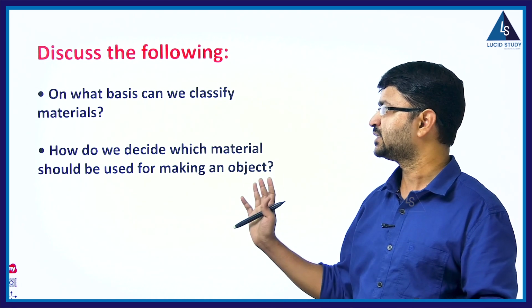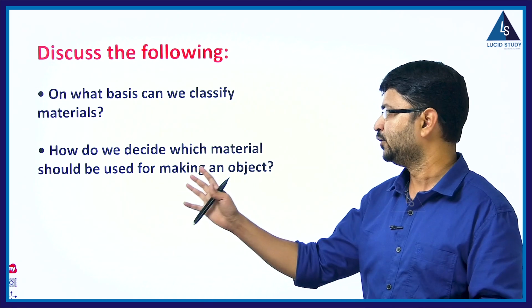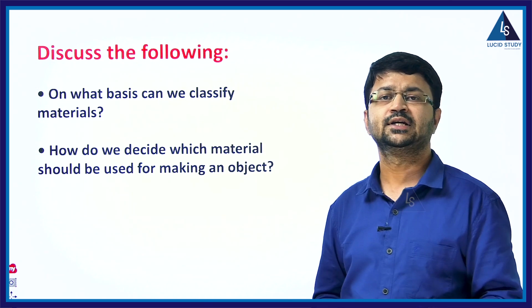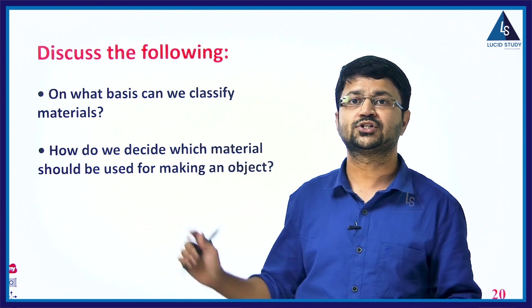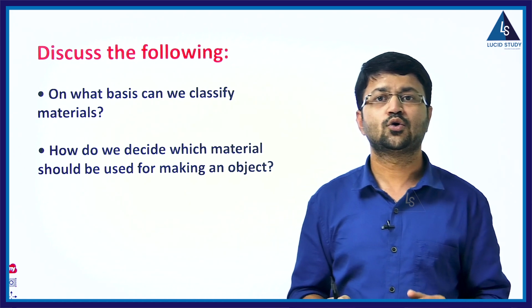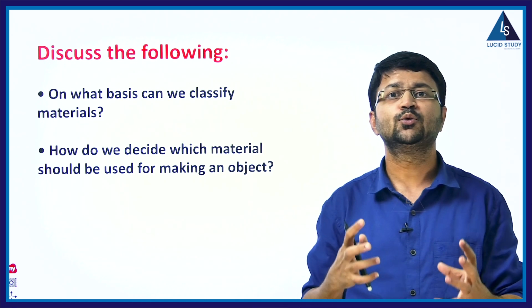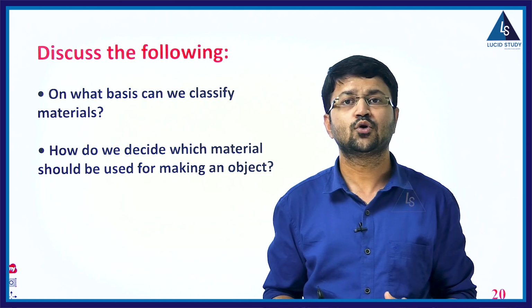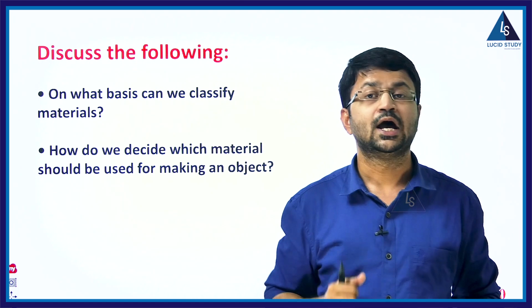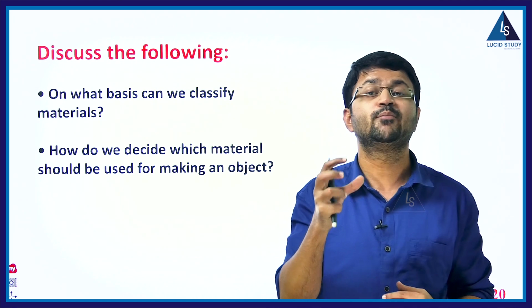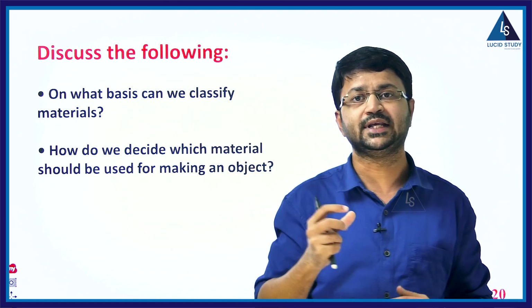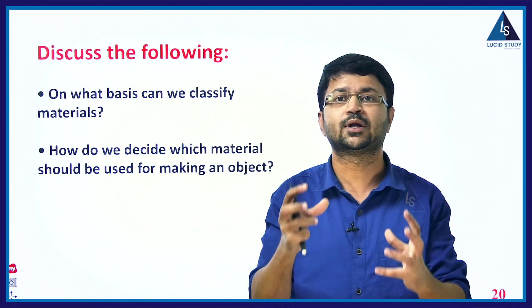Next, how do you decide which material should be used for making an object? See here, this second question, try to understand. For example, if we want to play cricket, is it clear? We have to make a ball, and this ball should be made of some hard material or some rubber material.